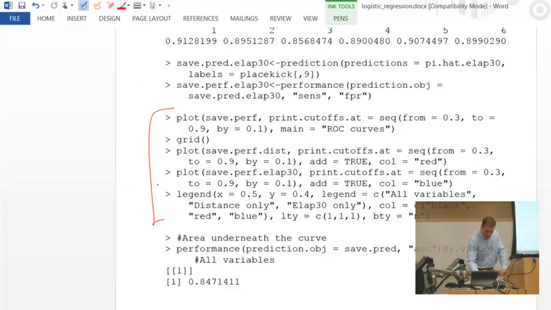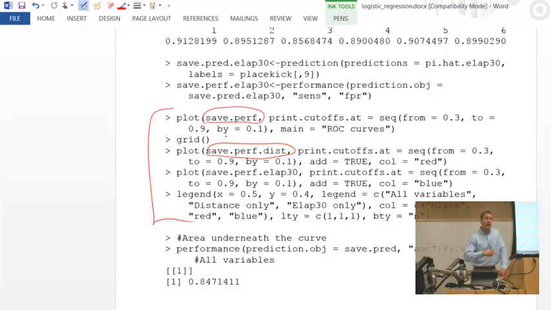So here is the code for the plot that we're going to see shortly. First of all, I'm going to do a plot for my original model that had all the variables in it. On top of that, I'm going to do a plot that is just for the model for distance, an ROC curve.